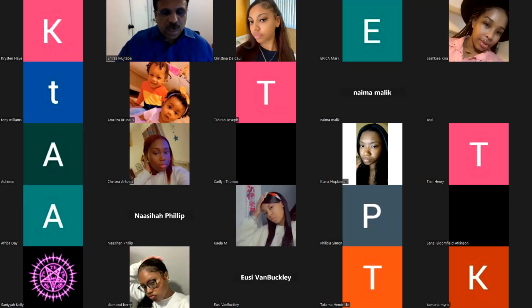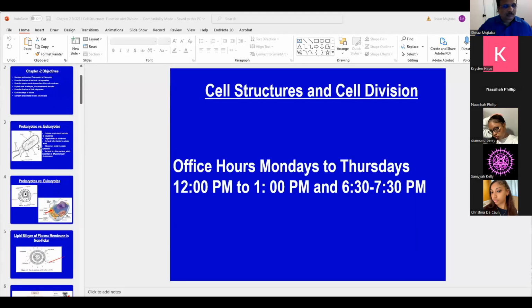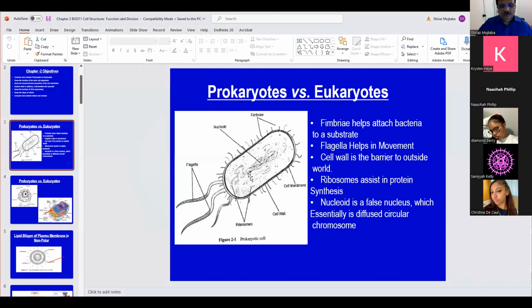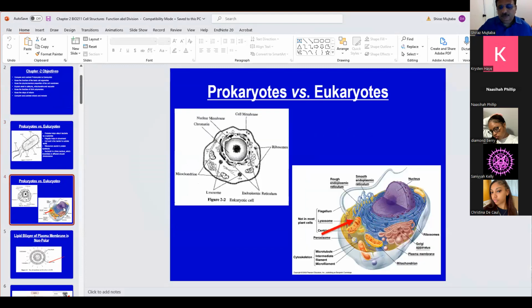So let's go back to the PowerPoint. So we talked about bacterial structure. This figure is from the book. This is the picture of a eukaryotic cell. Here you can appreciate the difference between smooth and rough endoplasmic reticulum.